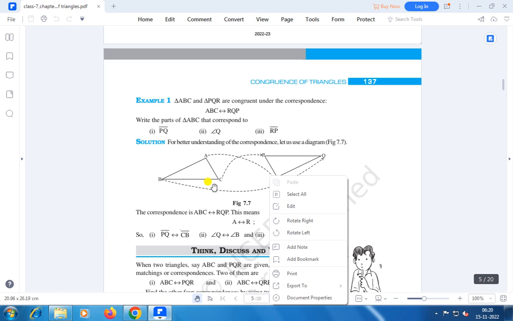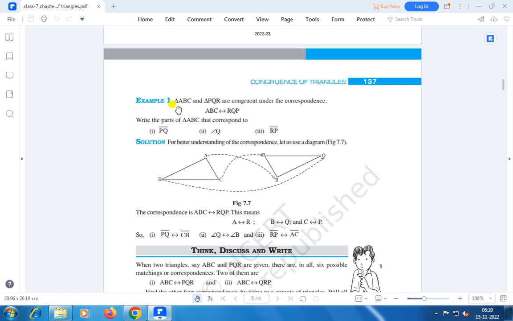Here you see there is one example. Triangle ABC and triangle PQR are congruent under the correspondence ABC corresponds to RQP. Write the parts of ABC that correspond to PQ. PQ corresponds to CB, right?